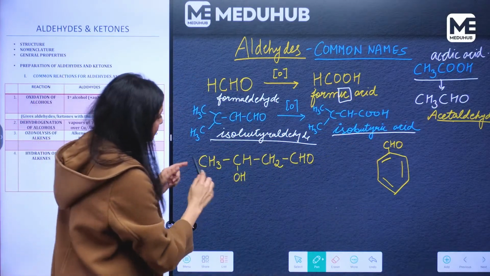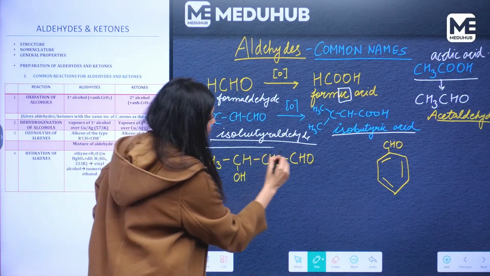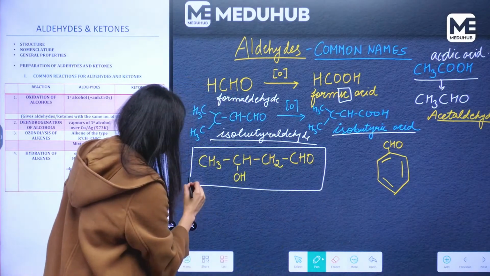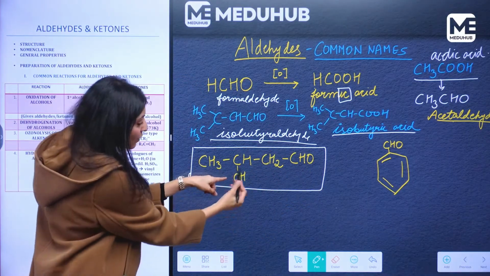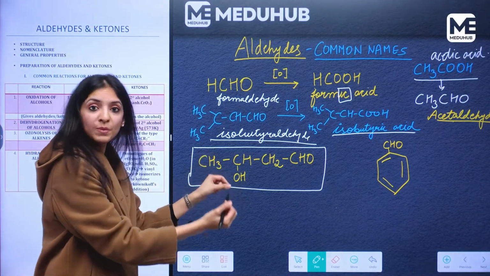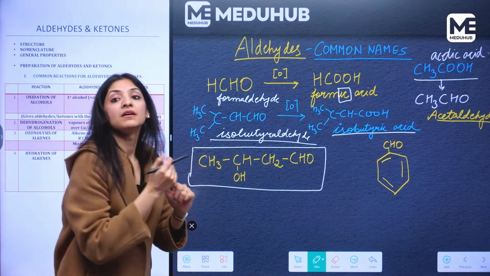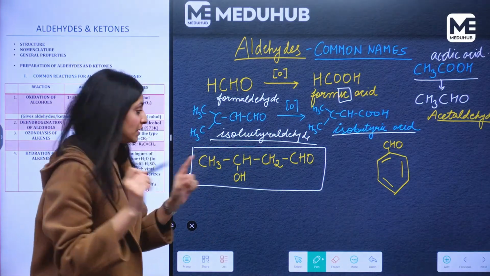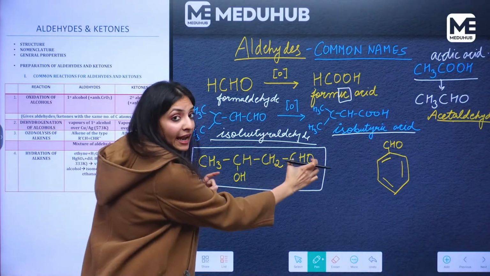Now look here, if there are substituents, like in this molecule here, we have an aldehyde group CHO, then we have a hydroxy substituent here. In the common system of nomenclature, you start numbering the carbons as alpha, beta and gamma. The alpha carbon will be the carbon that is directly attached to this aldehyde group here.